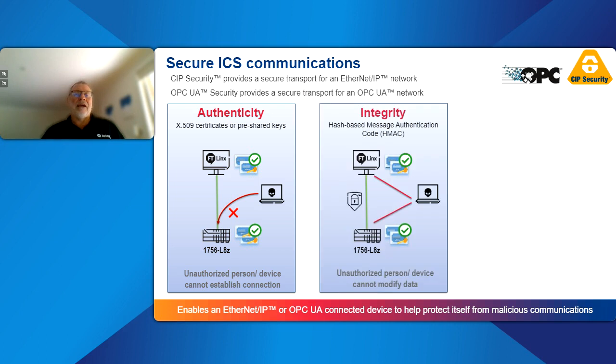The next area you get when you turn CIP Security on is integrity. Integrity is about, when I'm talking to a trusted device, how do I know that the information hasn't been altered? What we do is add a hash algorithm, or a hashing key, onto the transmissions.